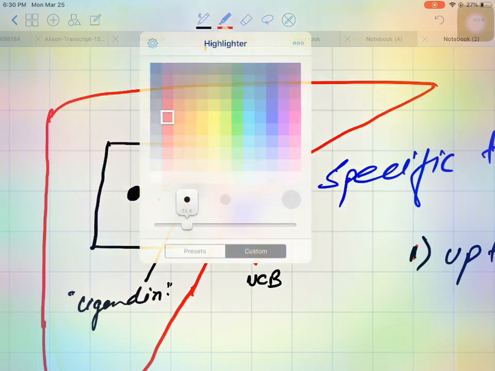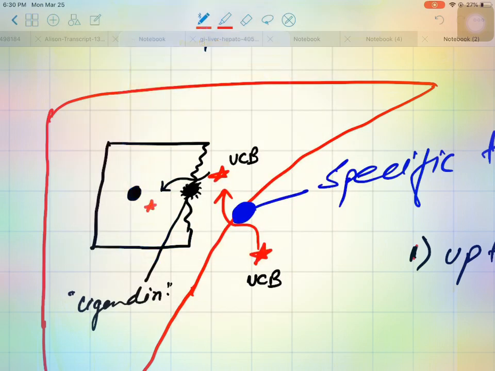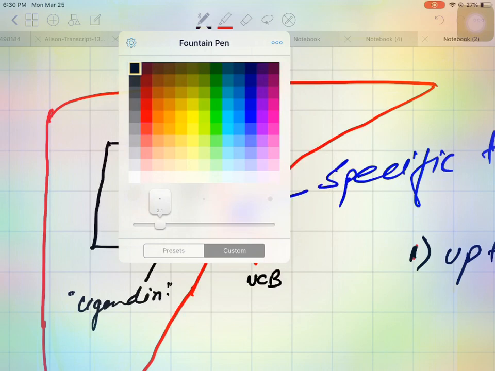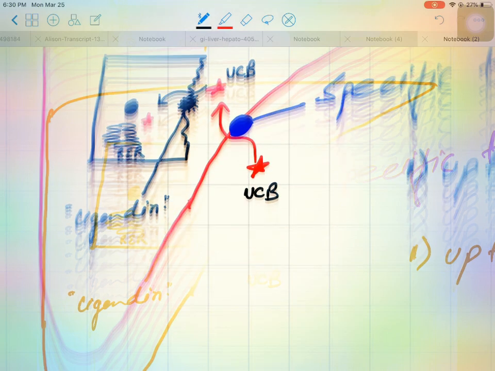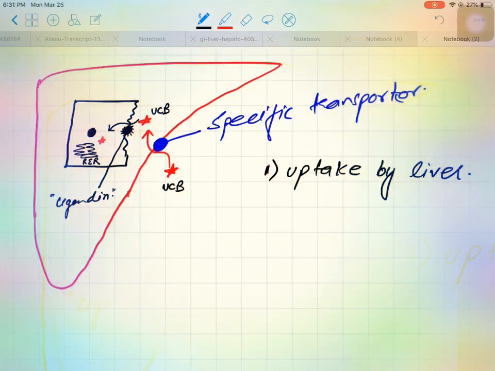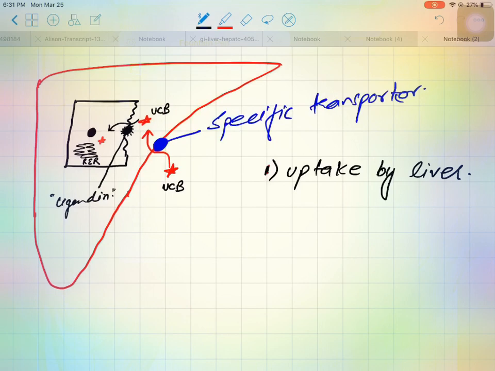Now we have reached the hepatocyte cell. Once it reaches the hepatocyte, it passes through the process of conjugation. This is in the rough endoplasmic reticulum. How the conjugation occurs, I will tell you. So the first step is the uptake by the liver through specific transporters.